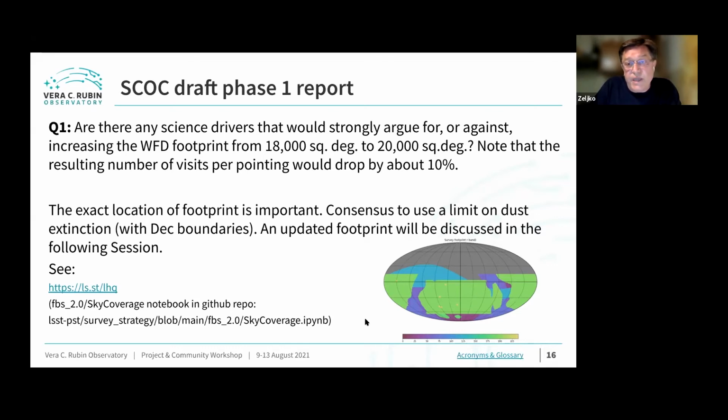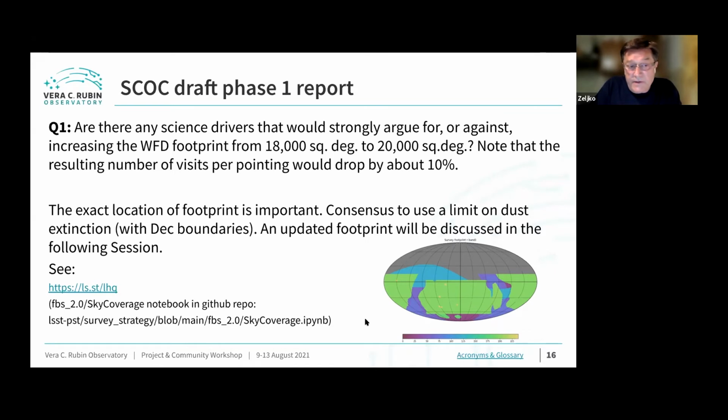And in short, the answer is, it's roughly okay, but it's not so important how many square degrees we have, 18,000 or 19,000. It's important where we place them on the sky. And so there are lots of good Cadence Notes that argued for various coverage.